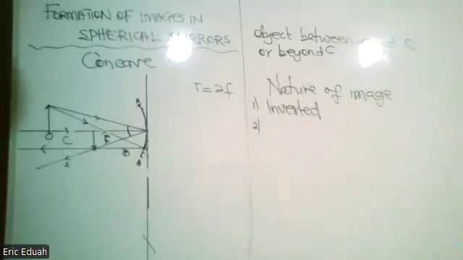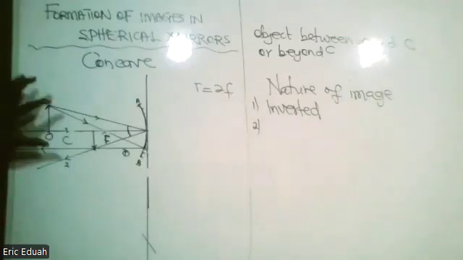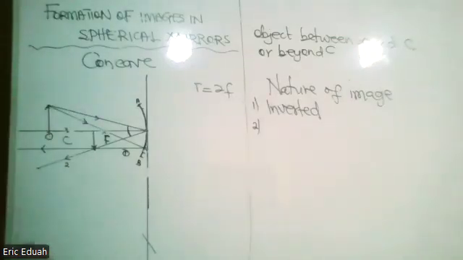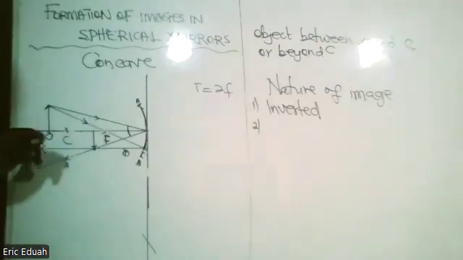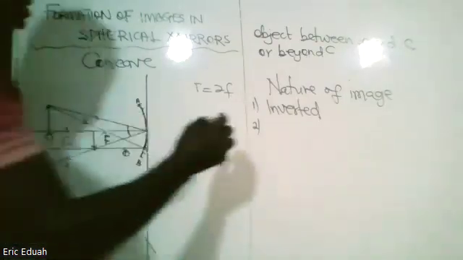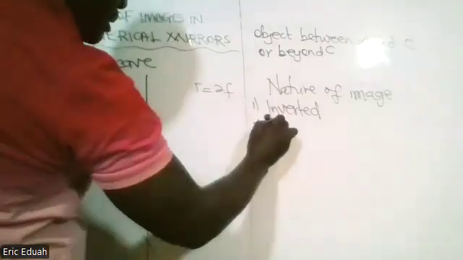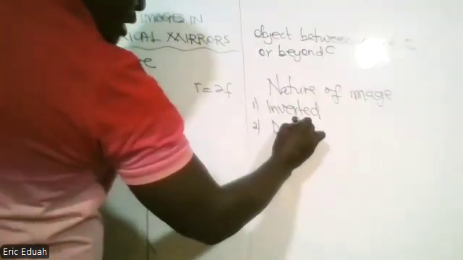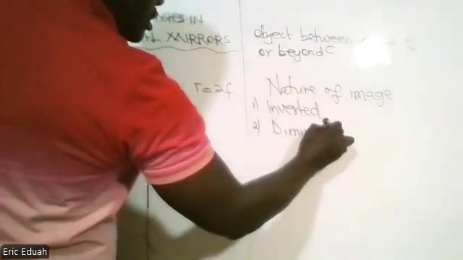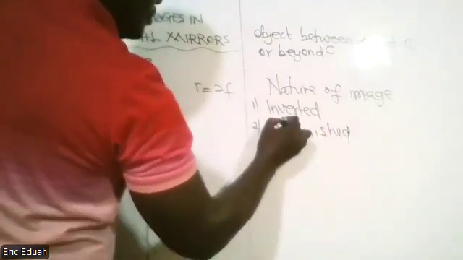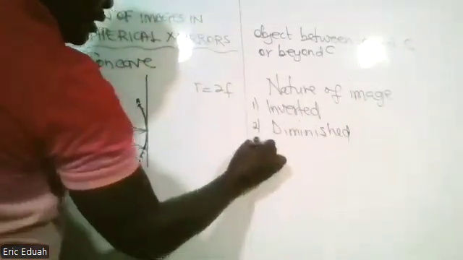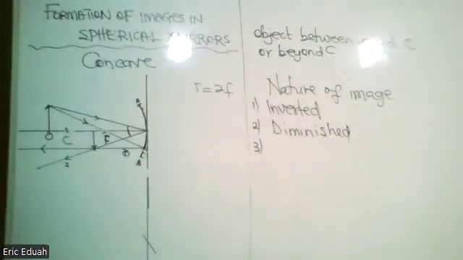So when you compare the objects to the image, Millicent is saying that yes, image size is diminished, meaning the size is reduced. So the image is inverted and diminished.